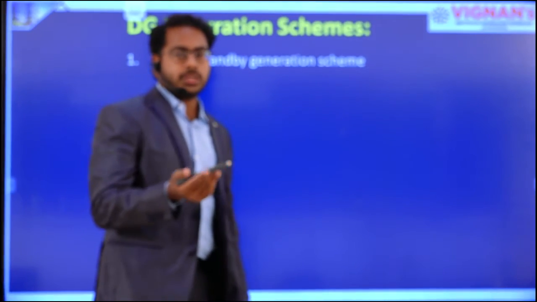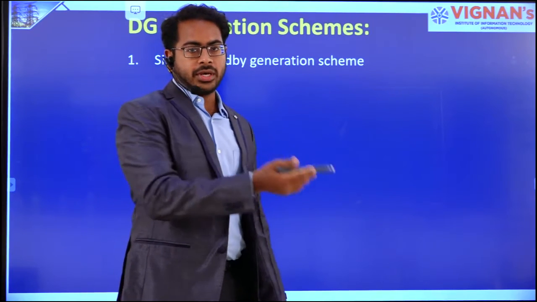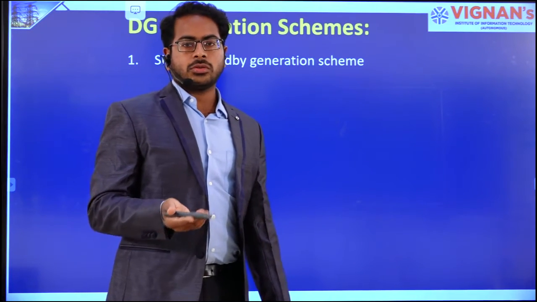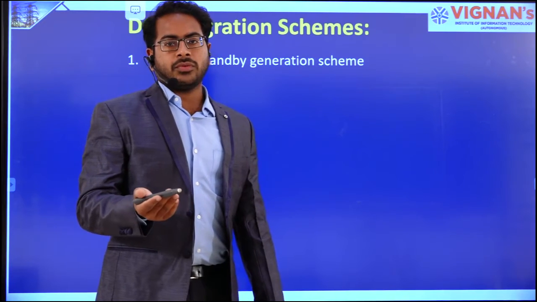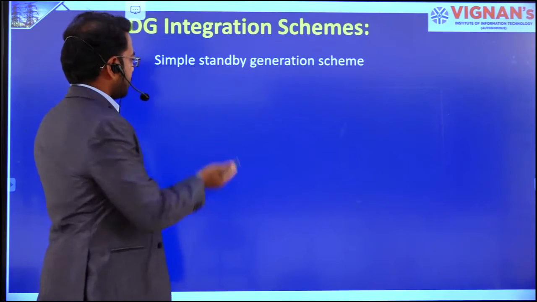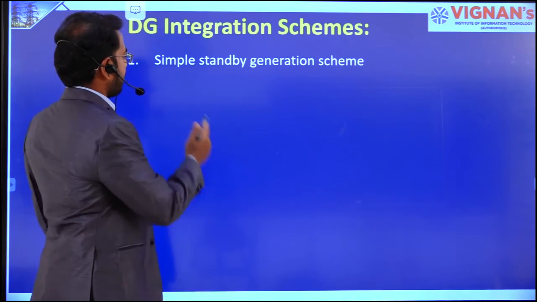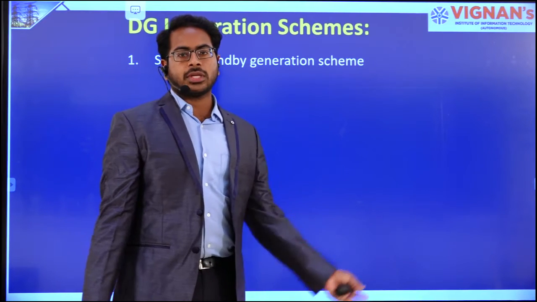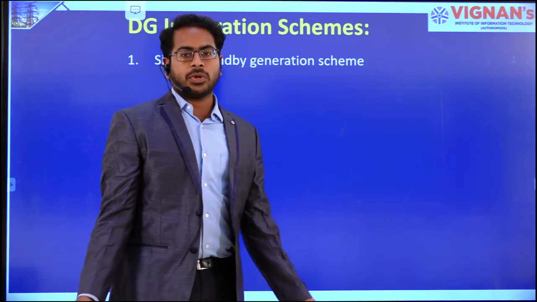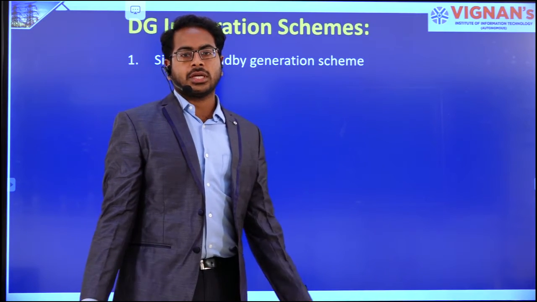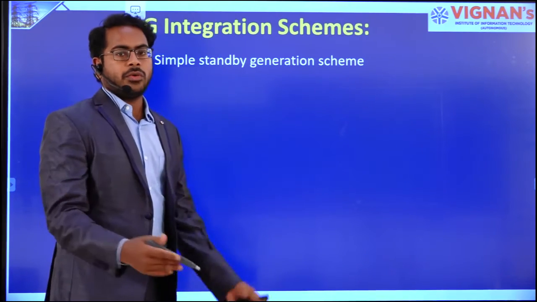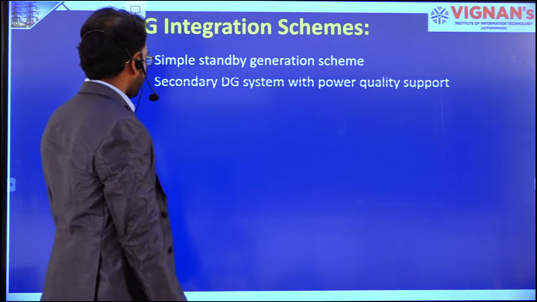For our college we have a diesel generator, and for houses also people are now going with diesel generators. That we can take as one of the schemes, the simple standby generation scheme. So that is a standby. For our college we have a standby diesel generator. If any power cut is there from the substation side or grid side, within a fraction of seconds we take power from the diesel generator.